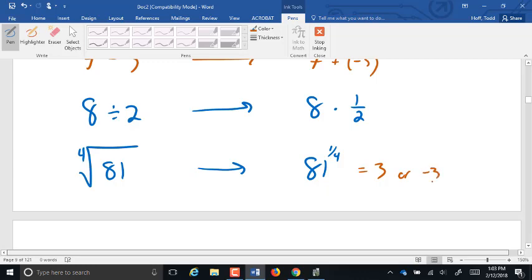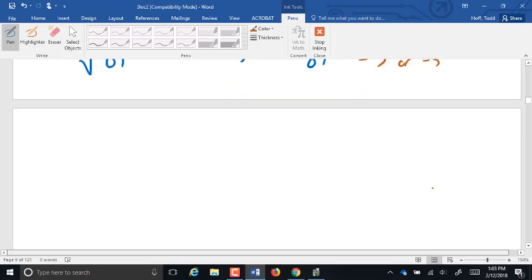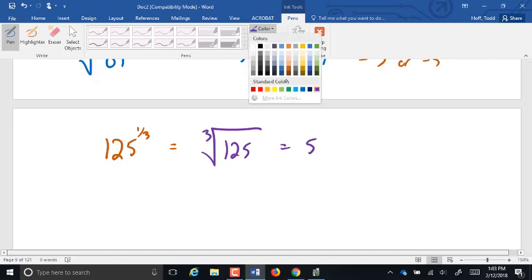So what would it mean to have 125 to the power of 1/3? That's equivalent to what root? Cubed root, or third root of 125. So that's just 5.